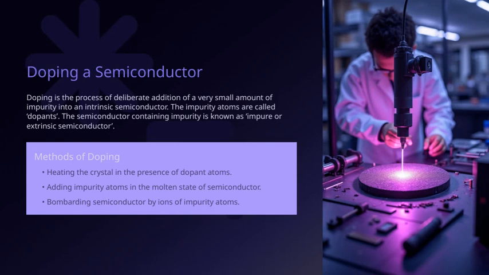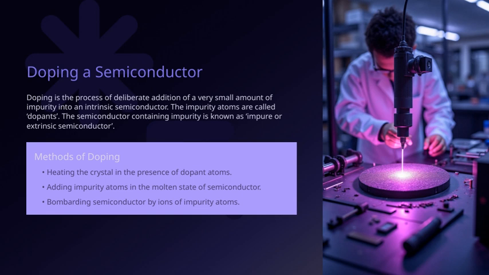Now, let's look at some common methods of doping semiconductors. One approach involves bombarding the semiconductor with ions of impurity atoms. This technique uses high-energy ions to penetrate the material and introduce dopants directly into the crystal lattice. Another method is adding impurity atoms in the molten state of the semiconductor.